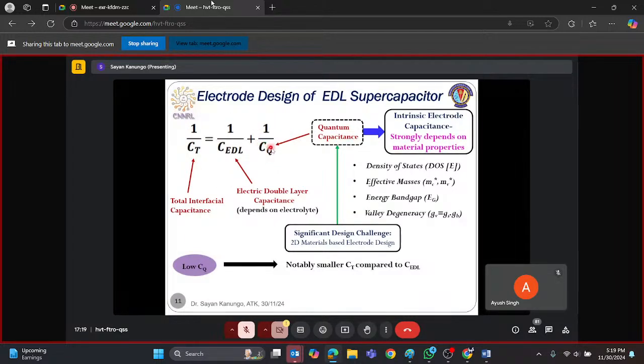Due to the presence of the low quantum capacitance component, the total interfacial capacitance falls significantly short in value compared to the ideal capacitance.